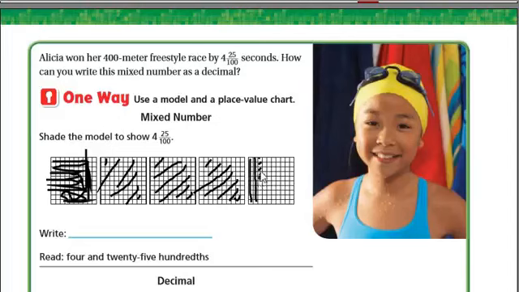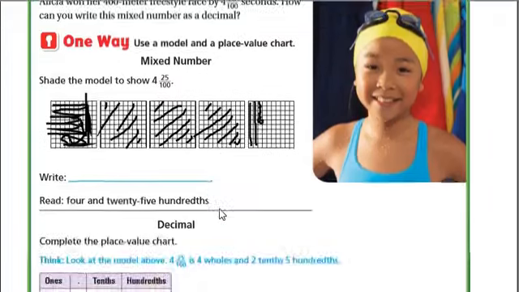I will shade just the 25. So this model represents 4 and 25 hundredths.